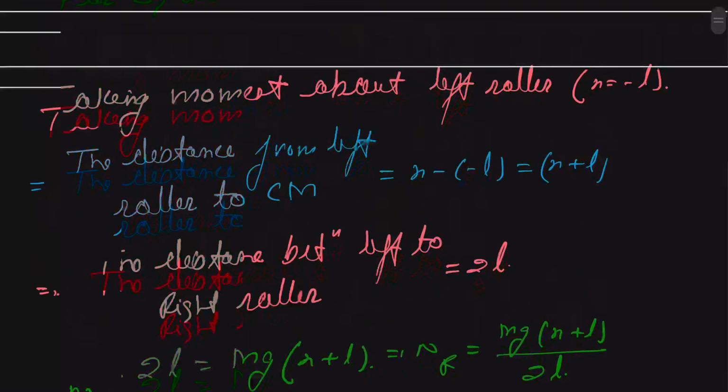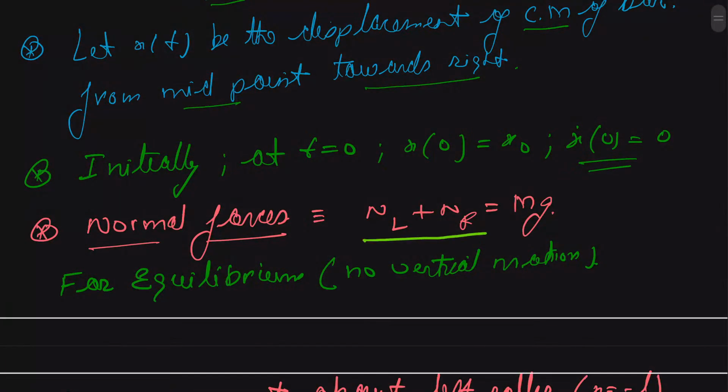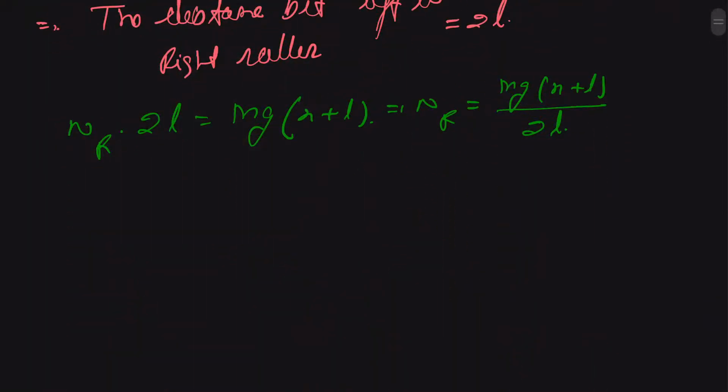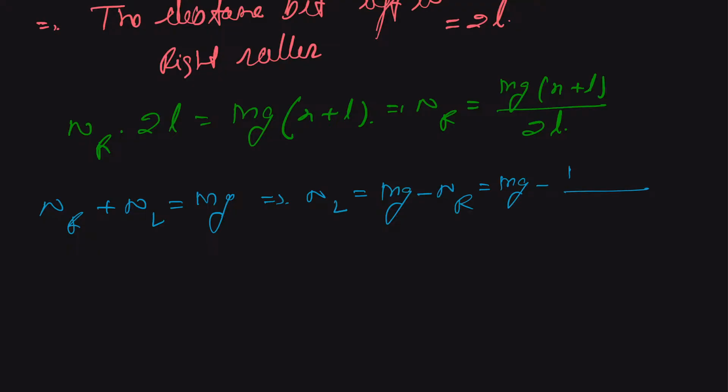And we already know that the summation of both the normals is equal to mg. Therefore, normal right plus normal left is equal to mg. So from here we can write the normal to the left will be equal to mg minus the normal to the right, and substituting, we get mg minus mg (x plus L) over 2L.